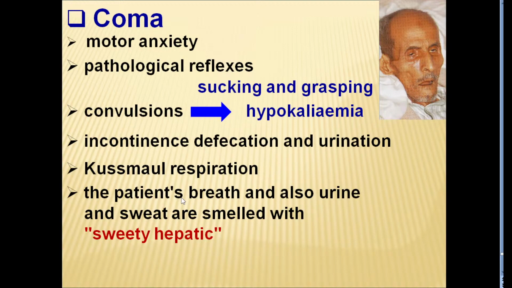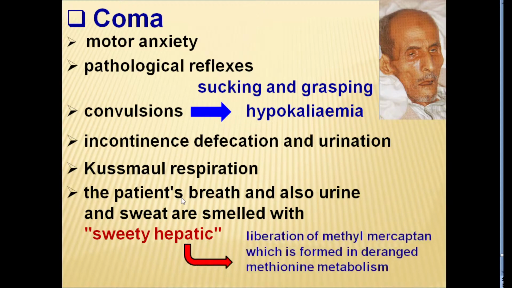We are talking about sweetish hepatic or rotten apple smell, from the patient's skin and mouth, because some toxic substances are removed through the respiratory tract and skin, which indicates liberation of methyl mercaptan, which is formed in deranged methionine metabolism. To prevent this process, we prescribe specific detoxification treatment.